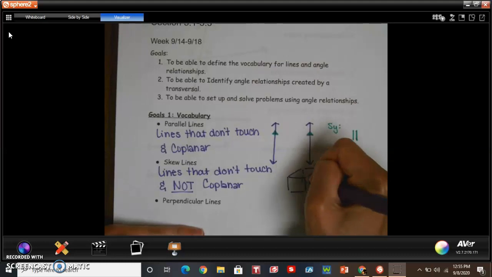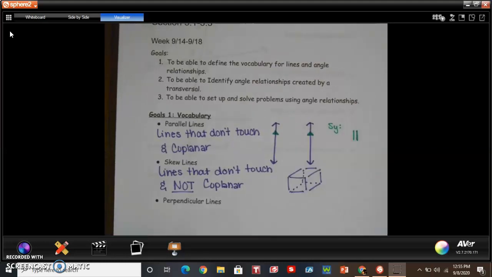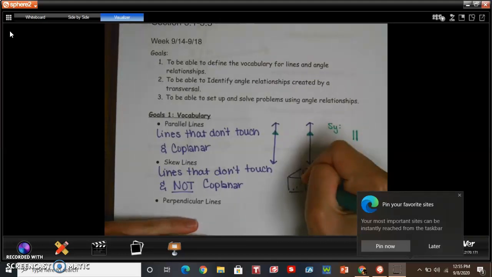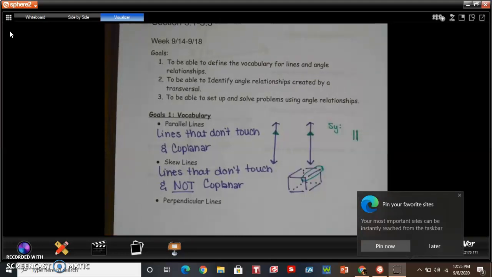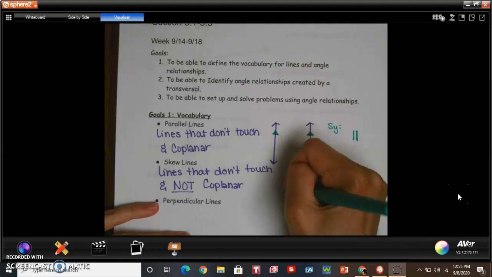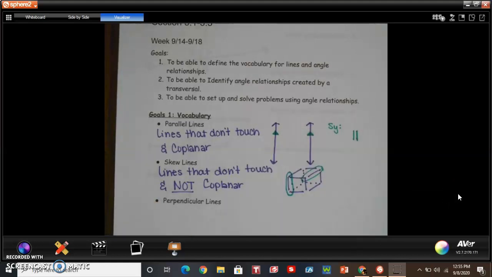Okay, so here's our box. Skew lines would be like this line here that's going left to right, and this line here that's going up and down. They are never going to touch. They are not on the same plane, so therefore they are skew. There's not a symbol for skew.